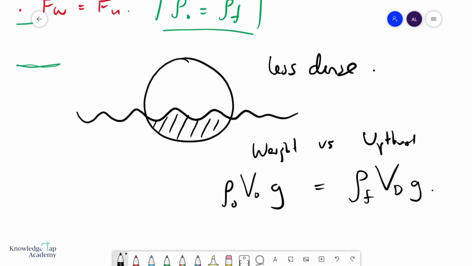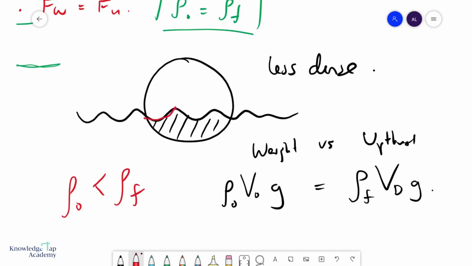Initially, when you were fully submerged, for objects where the density is less than the fluid, the weight will be smaller and you rise. But when you reach the surface, you become partially submerged.